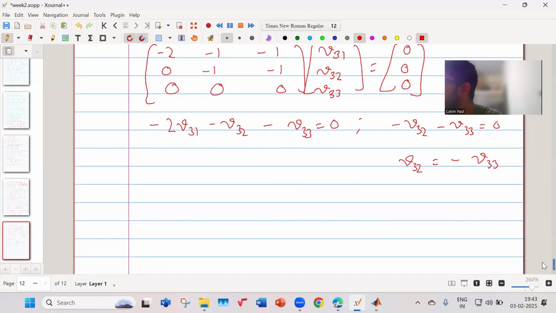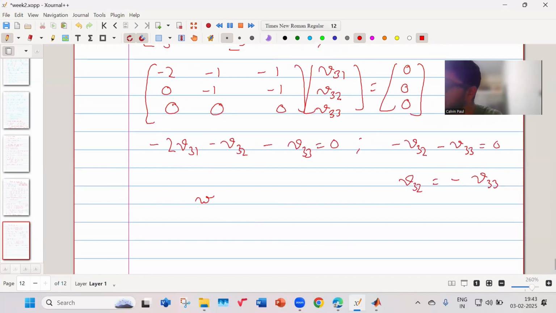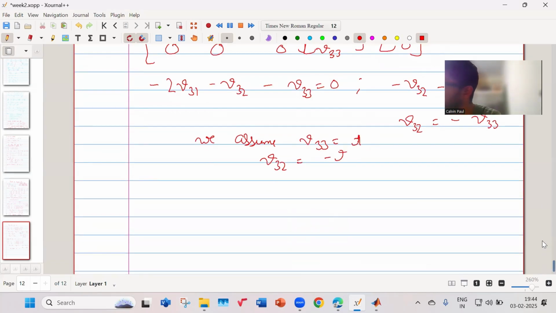The simple method used is we assume V33 is some constant t. So V32 is equal to minus t. And then we have minus 2 V31 is V32 plus V33, which is t and minus t, equal to 0. So V31 is equal to 0.